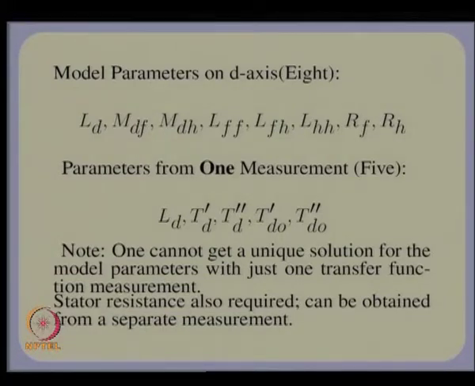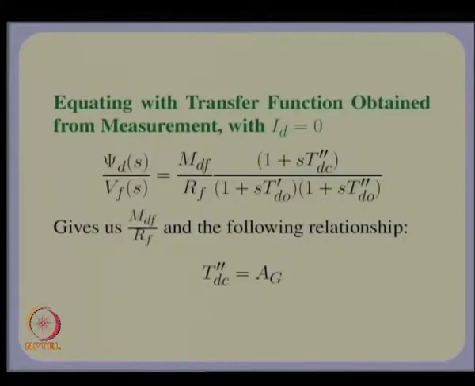So, we typically do not have the value of Tdc'' and Mdf by Rf. In most studies it is not very difficult to get this, but often the data set provided will not have this information. This is typically not available, but in principle it could be.